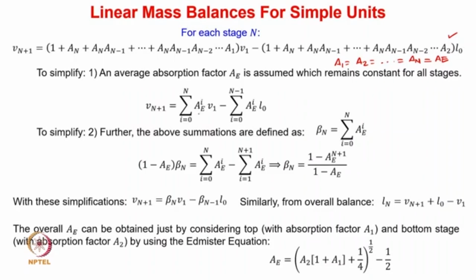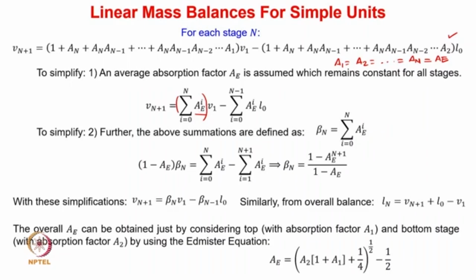So you can see that we have written this entire term as AE raised to the power i into V1, isn't it? This particular term is nothing but, at every stage you can see that the i is coming in the power.